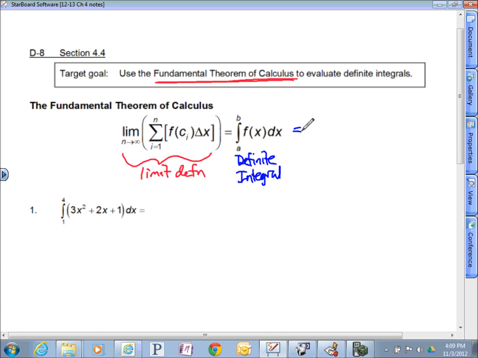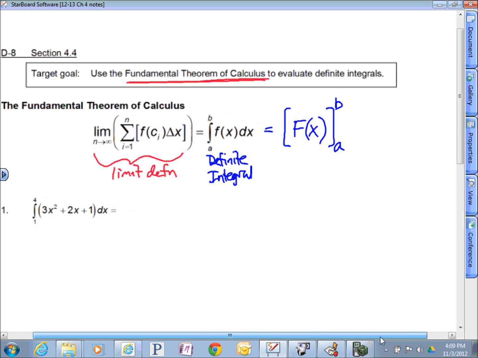The first thing you do is you start with that lowercase f of x. What is the antiderivative of lowercase f of x? Well, that would be capital F of x. Then we're going to take our antiderivative and evaluate it for x equals b and x equals a, and find the difference between those two things.